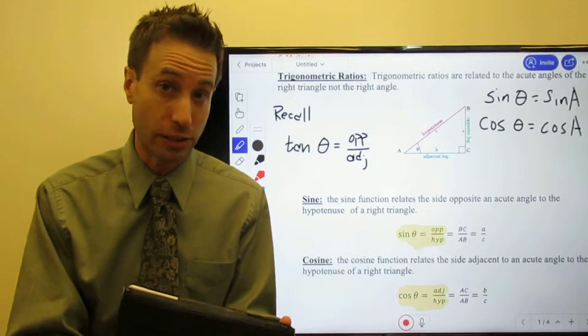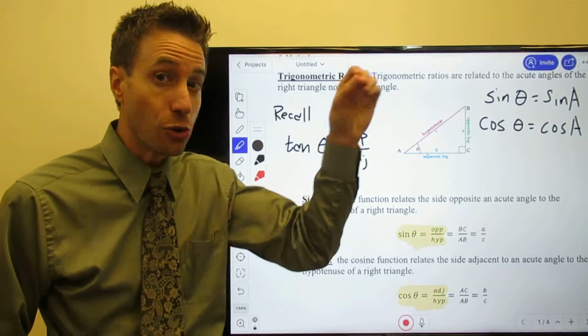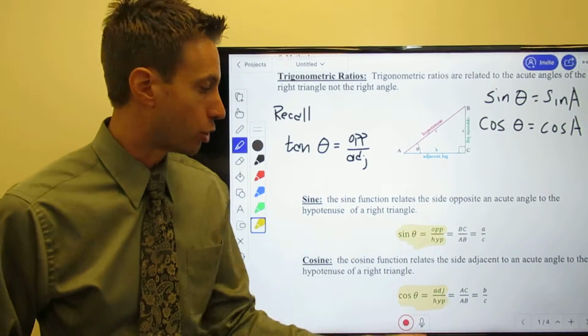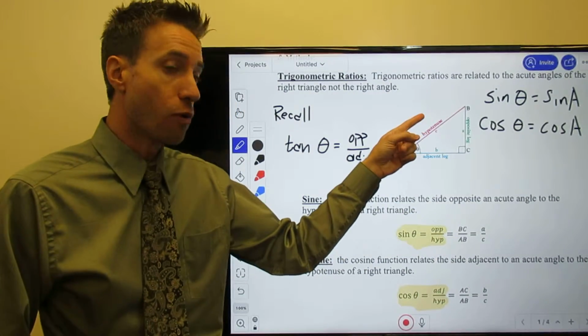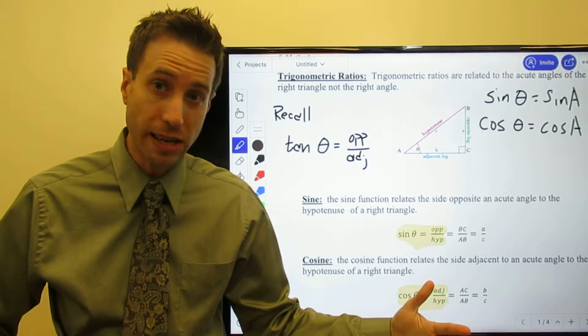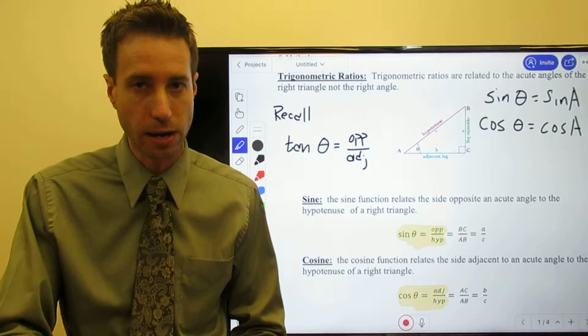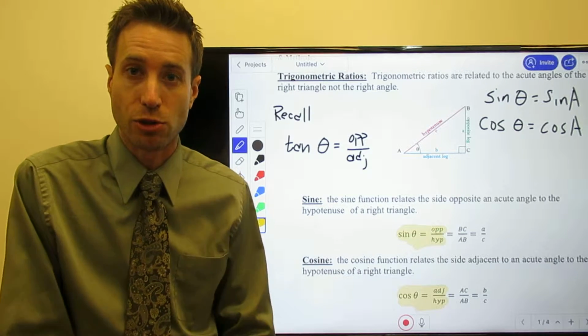These are not interchangeable. That's really the point. Tangent theta, you must do opposite over adjacent or you will not get the right answer. Cosine, you must do the adjacent side over the hypotenuse or you will not get the right answer. You cannot mix these up. They are not interchangeable. So how do you keep them straight?